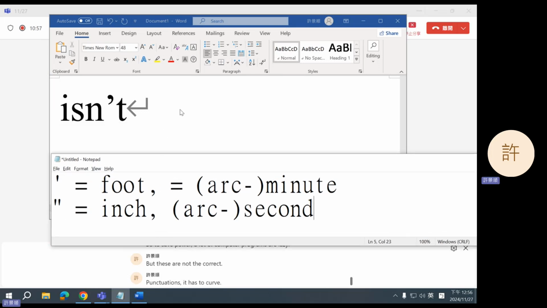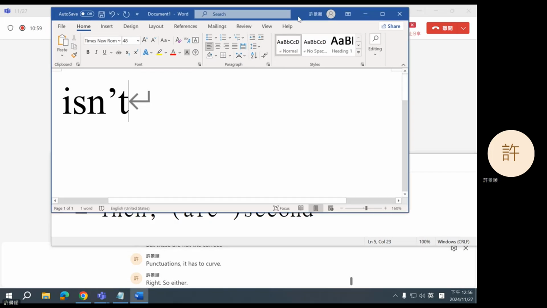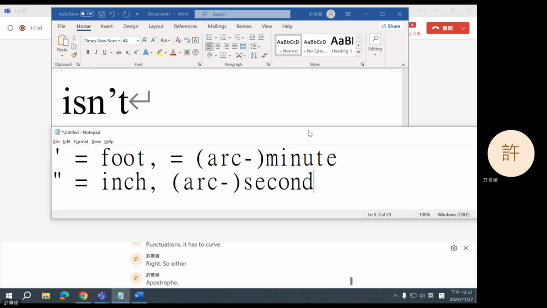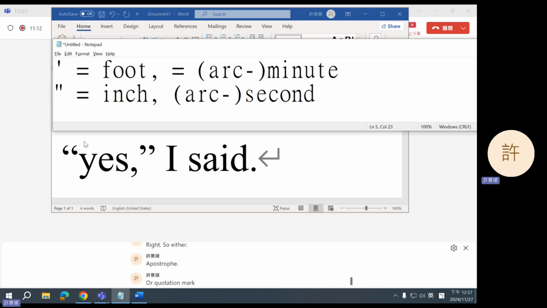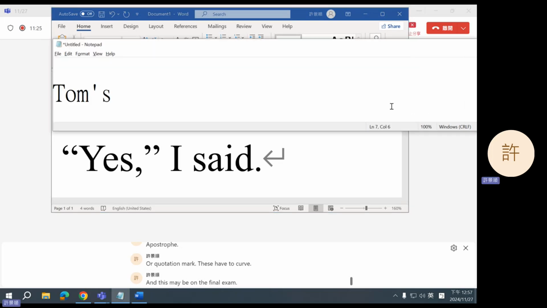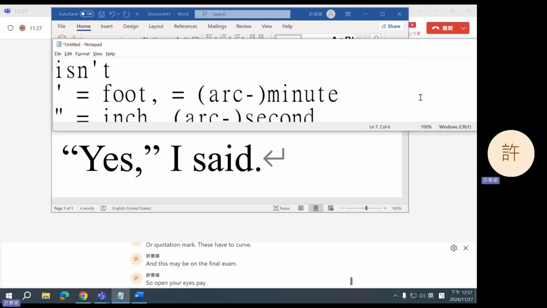So either apostrophe or quotation mark, these have to curve. And this may be on the final exam. So open your eyes, pay attention, etc.